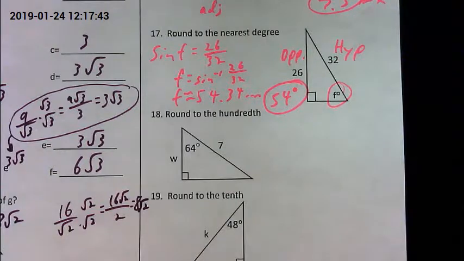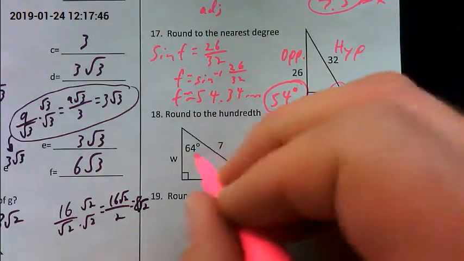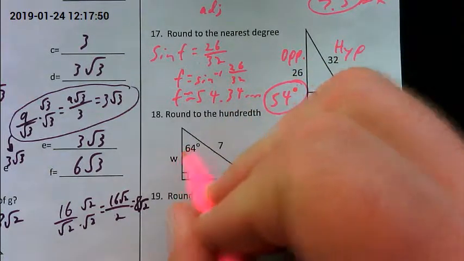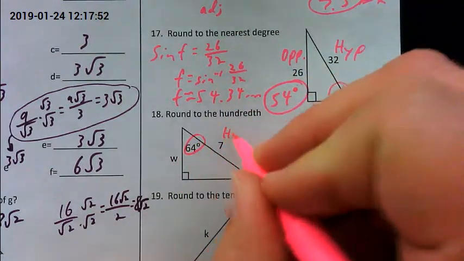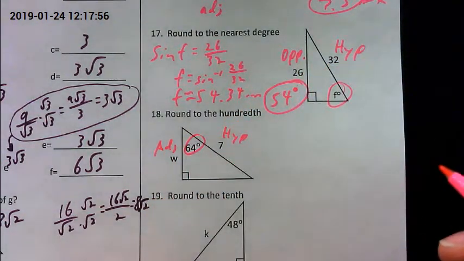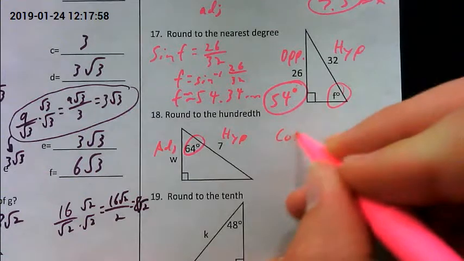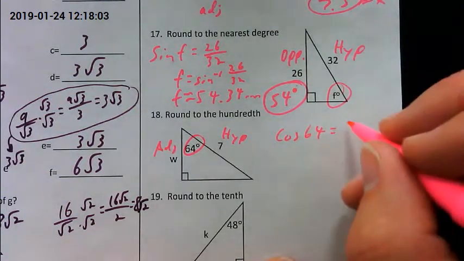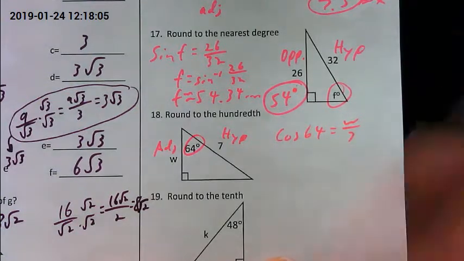Number 18, round to nearest hundredth. Again, here we got two sides. Compared to that angle, this is our hypotenuse and our adjacent. So that's which one again? Cosine. So cosine of 64 equals W over 7.